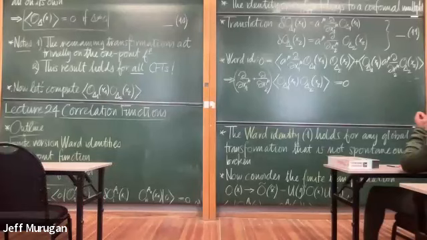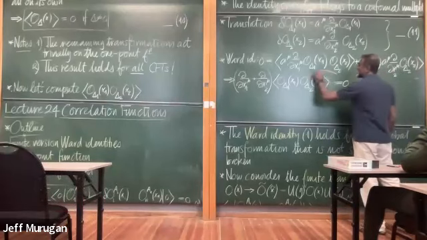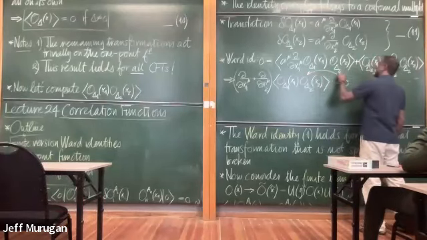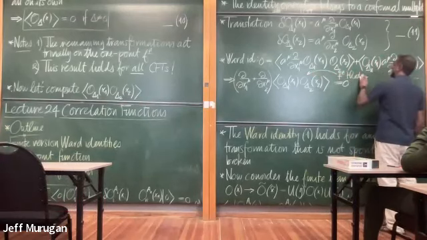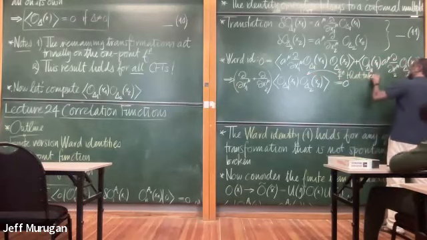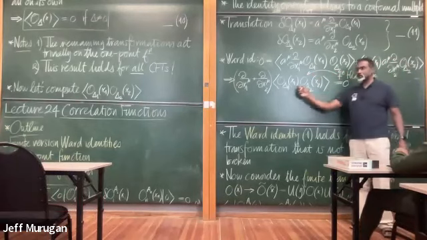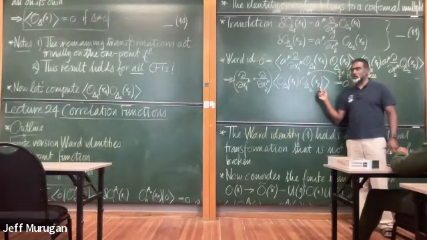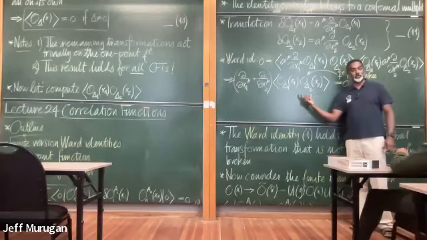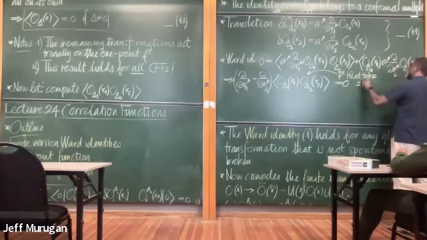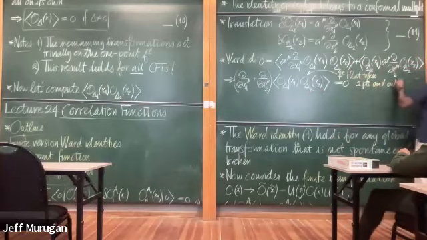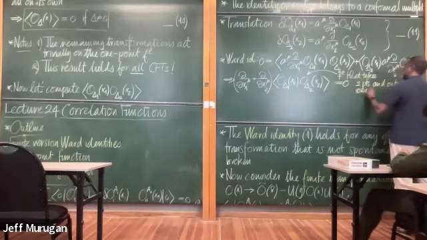So now, keep in mind that this object is a function that takes two positions in spacetime, x1 and x2, as inputs, and it outputs some number.